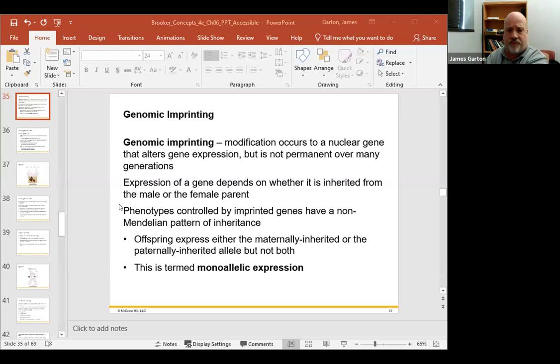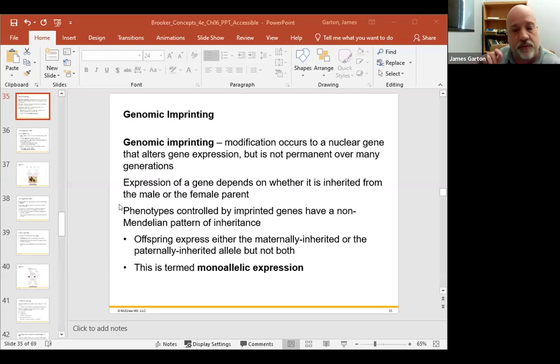And so in genomic imprinting, there's a modification to a gene that alters its expression, but this imprinting is not going to be permanent. The expression of a gene can depend upon whether that gene is inherited from the male or the female parent.